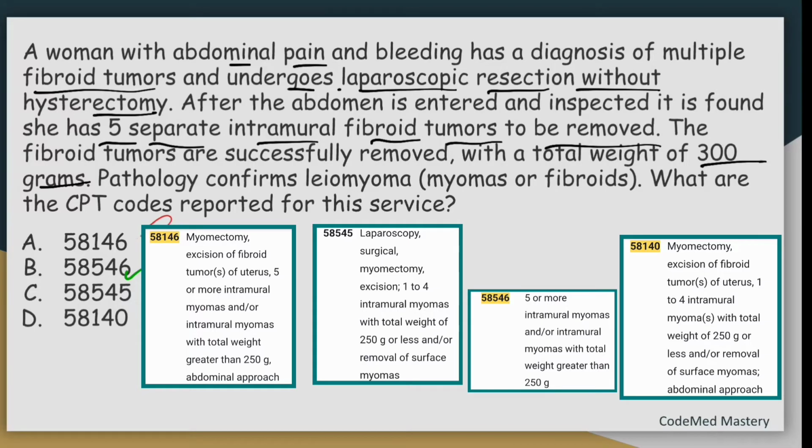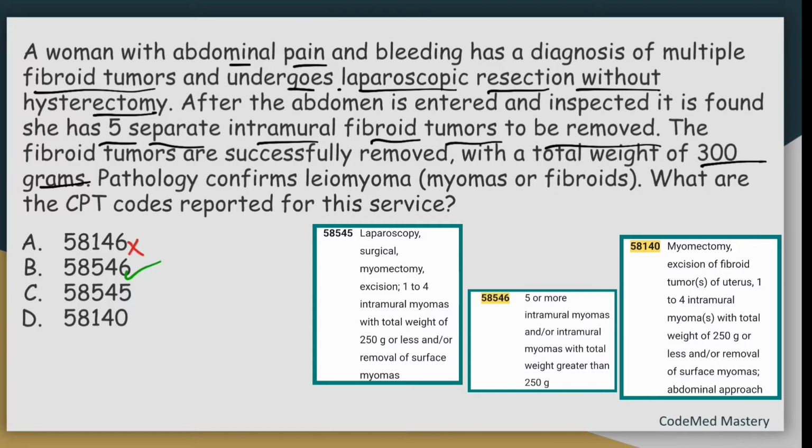So eliminate option A. Option C, 58545, is the parent code of 58546. 58545 is for laparoscopy surgical myomectomy excision, 1 to 4 intramural myomas and the total weight of 250 gram or less. The total number of myomas in the scenario is 5 and the weight is 300 grams. So it is not matching with the code 58545, eliminate it.